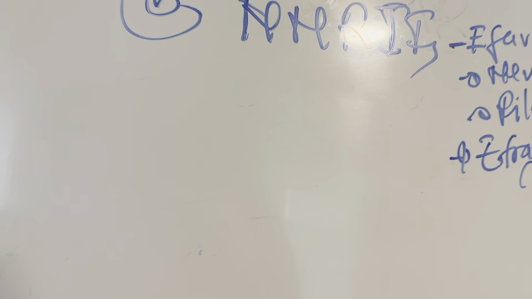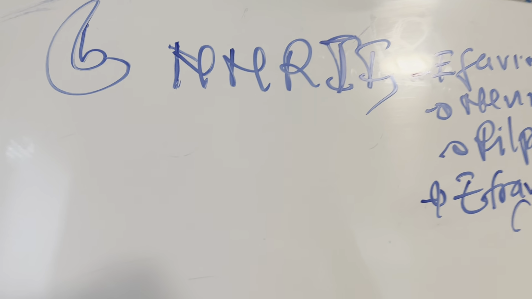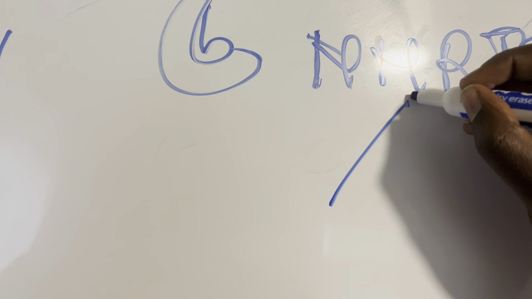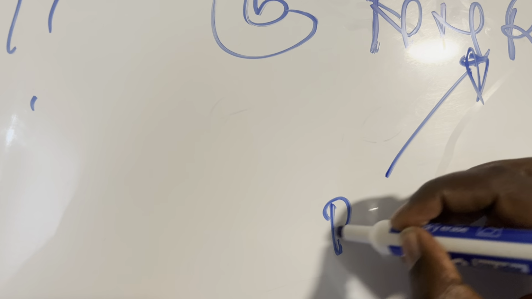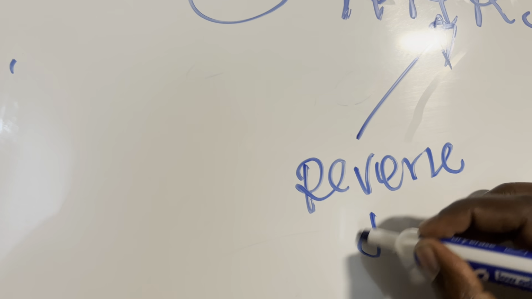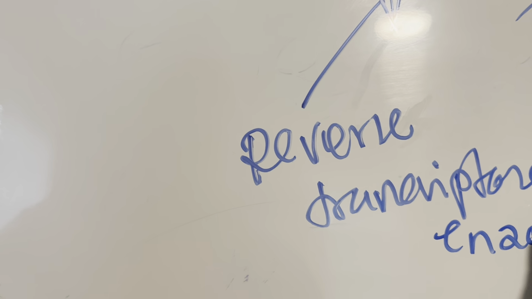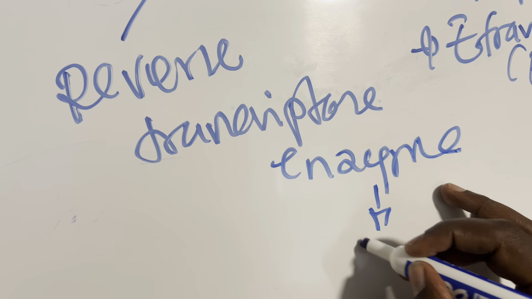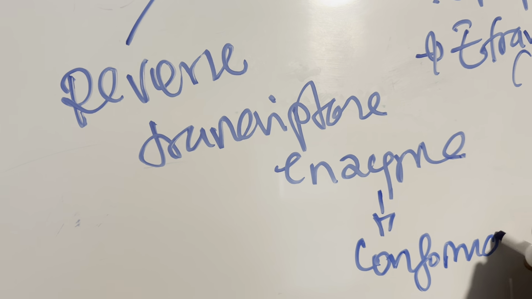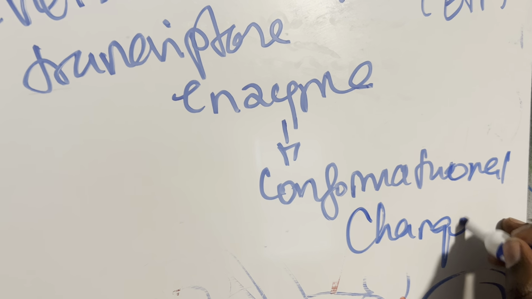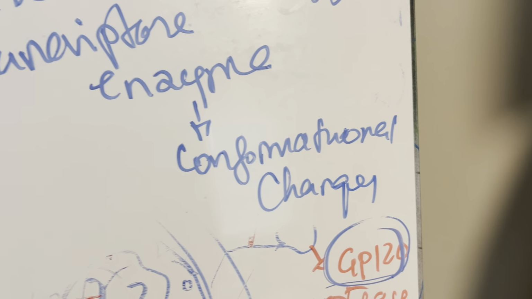So how do they work? Non-nucleoside reverse transcriptase inhibitors basically bind directly to reverse transcriptase and induce conformational changes, rendering the enzyme non-functional. They bind directly to the reverse transcriptase enzyme, cause what we call conformational changes, then rendering this enzyme non-functional.